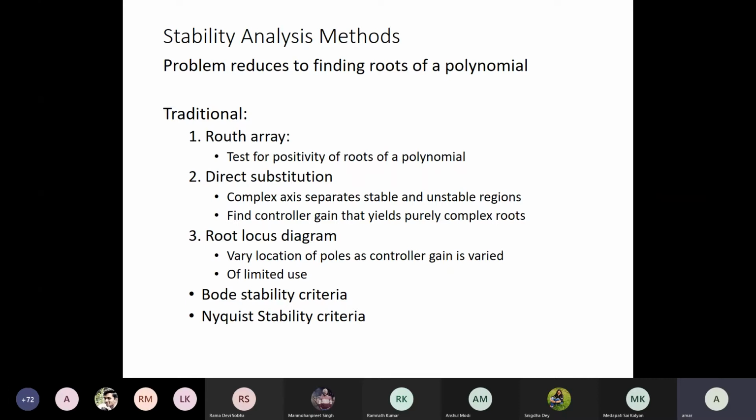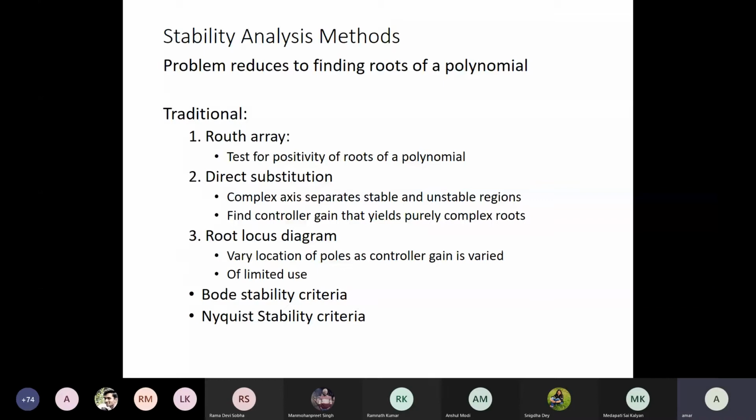There are 5 methods: Routh array, direct substitution, root locus diagram, Bode stability criteria, and Nyquist stability criteria. Out of these 5 methods, we have already discussed the Routh array, direct substitution, and root locus diagram in the last class. So today I will discuss the Bode stability criteria and the Nyquist stability criteria.